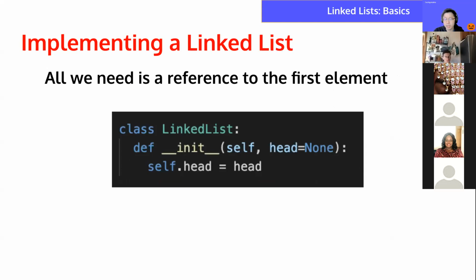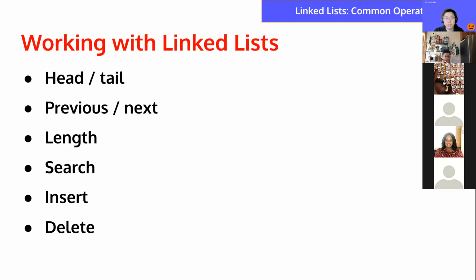We also need to remember what the first element is. So in this example implementation, we'll have another class called LinkedList that only has head. This head essentially points at the first node in the linked list. Linked lists also have various methods you would need to implement and use.